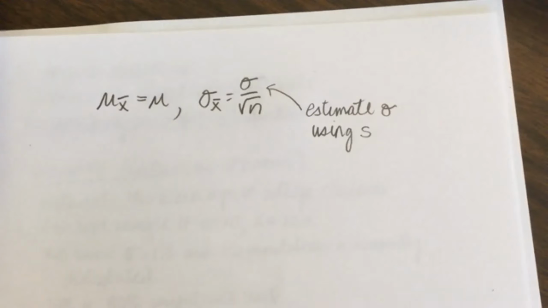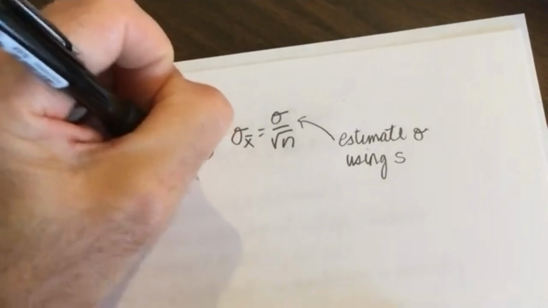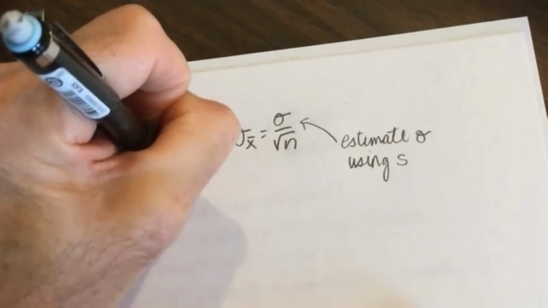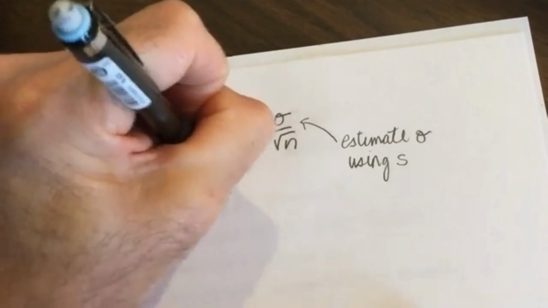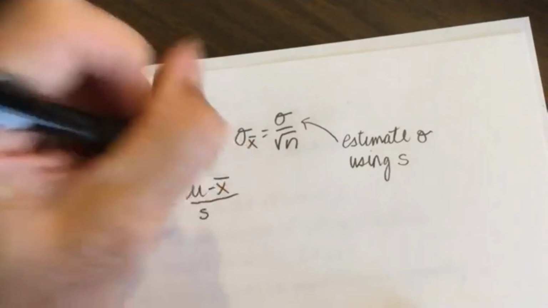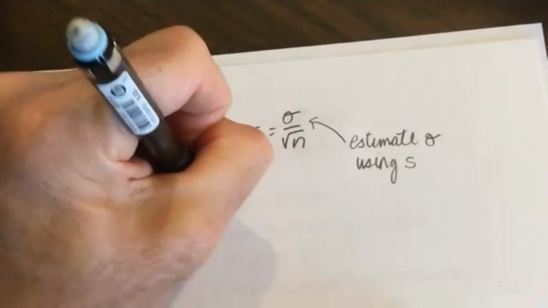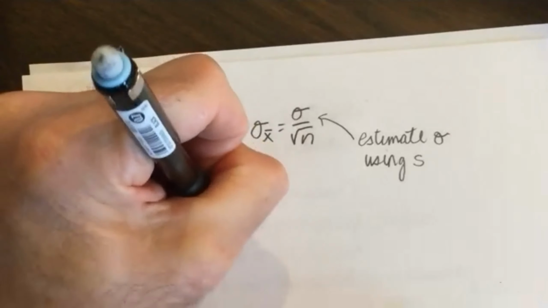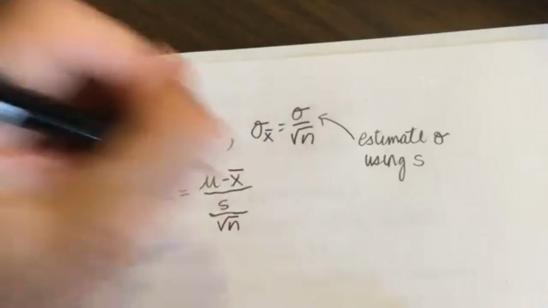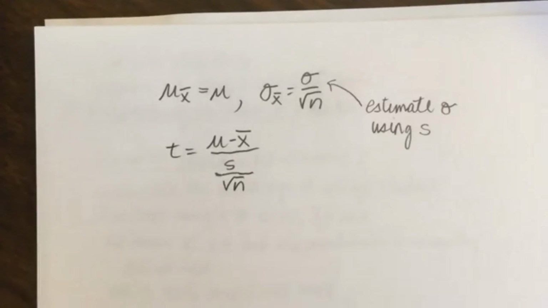And it turns out that, let me write this down. When we take the sample mean minus our estimate, divided by the standard deviation, which we've estimated using the sample standard deviation, we don't get a normal curve. This curve isn't normally distributed.